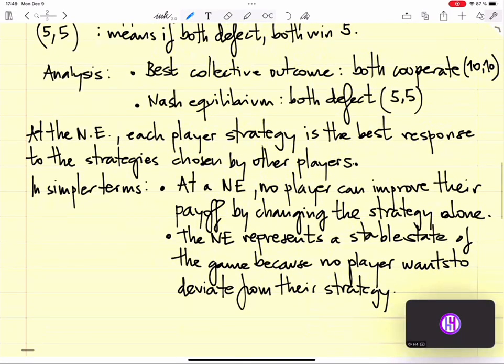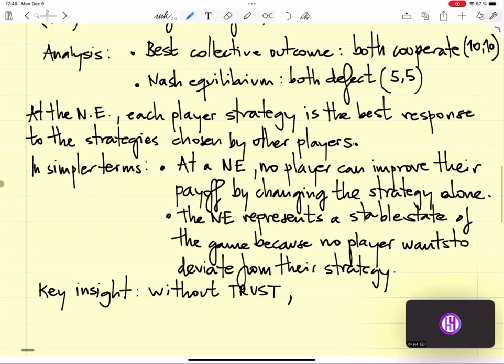Okay? So the key insight in the prisoner's dilemma, and this is very, very common, is without trust, the Nash equilibrium leads to suboptimal outcomes.